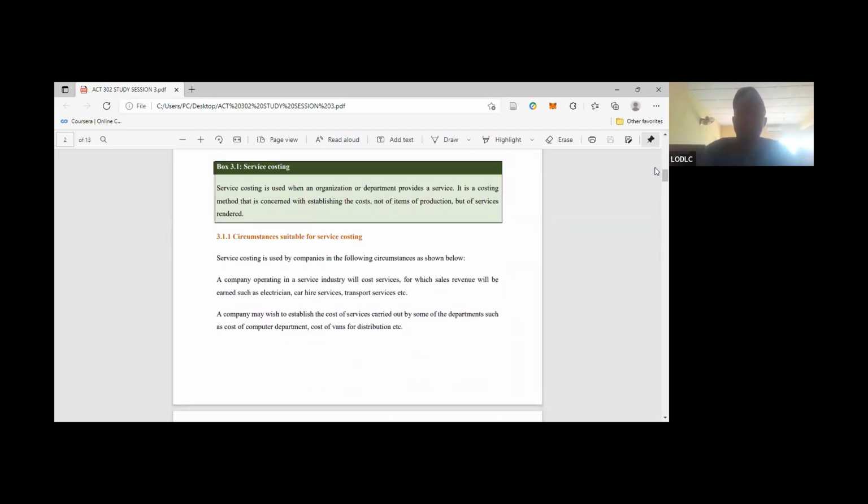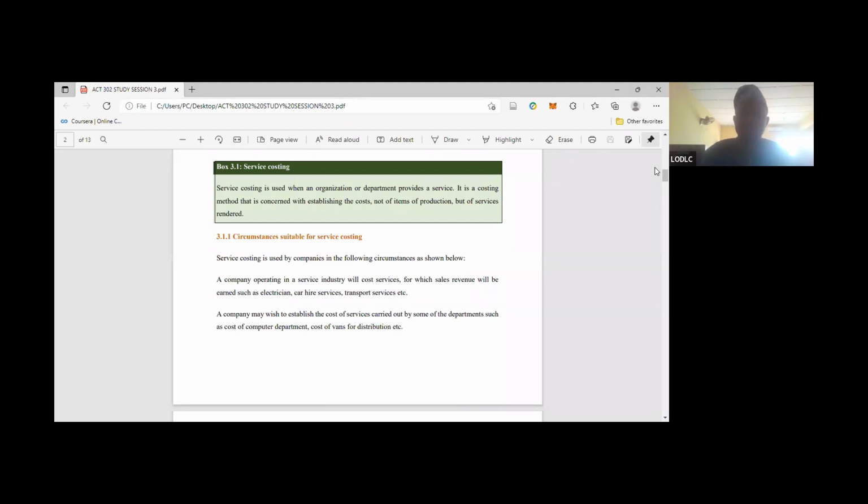Circumstances suitable for service costing. What are the circumstances surrounding service costing? As we all know, service costing is used by companies in the following circumstances. One, a company operating in a service industry will cost services. A company operating as a manufacturing company will cost what? Products.